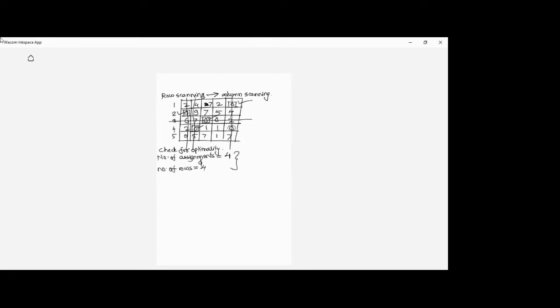If number of assignments is equal to number of rows, the optimality is okay and the obtained solution is an optimal solution. If the number of assignments is not equal to the number of rows, then the obtained solution is not an optimal solution and we'll have to iterate further.